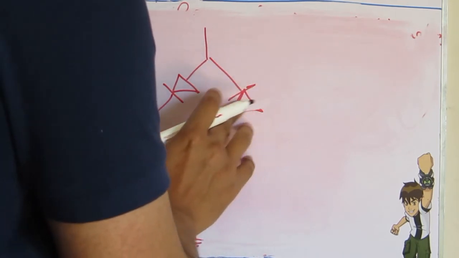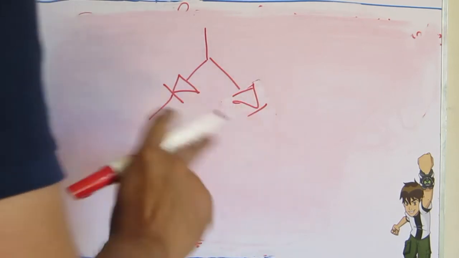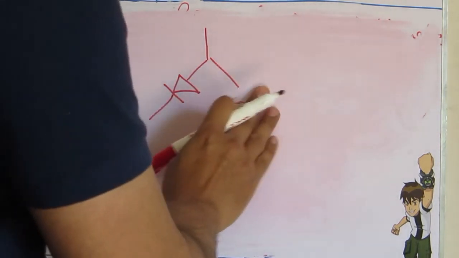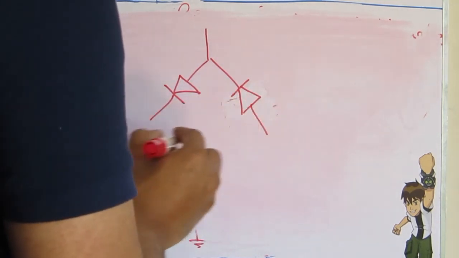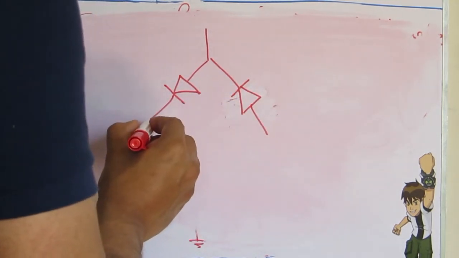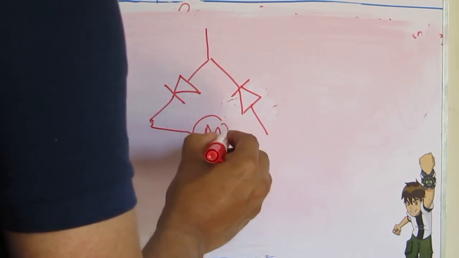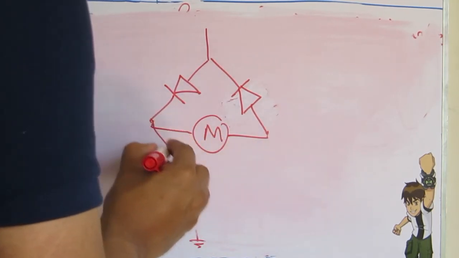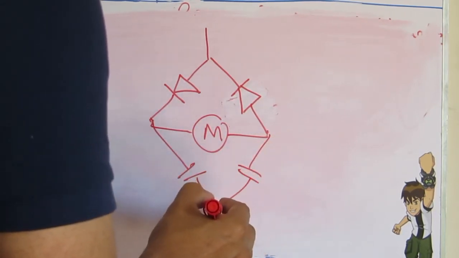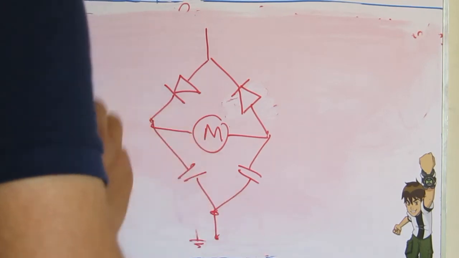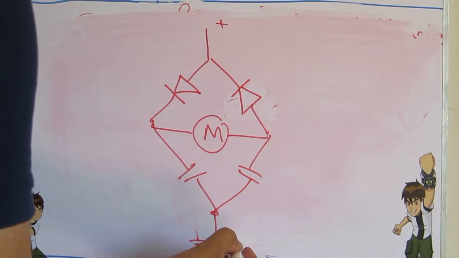Unlike in a rectifier, where we used to get both diodes in the same direction, here we will have both diodes in opposite directions, and here we will put the conventional galvanometer. We'll put a capacitor here, and a capacitor over here. So this is the positive side and this is the negative side.